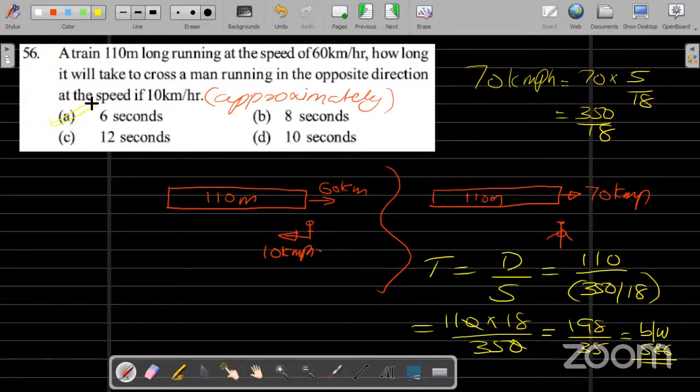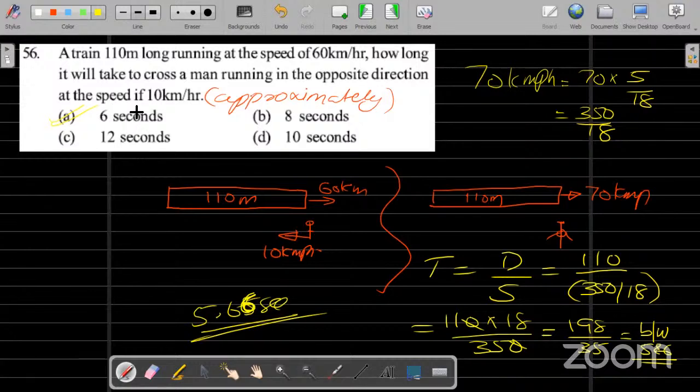198 by 35, if you use the calculator or if you're solving that in the normal way, will be 5.65. 5.65 seconds is the actual answer to the question. 5.65 or 5.66 seconds is the actual answer, but there's no option like that.